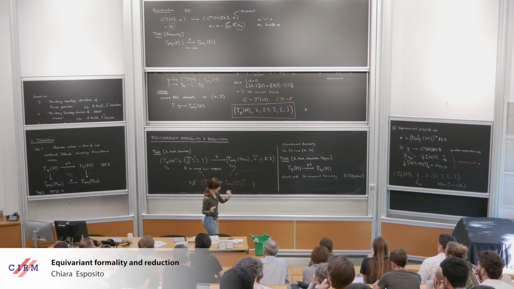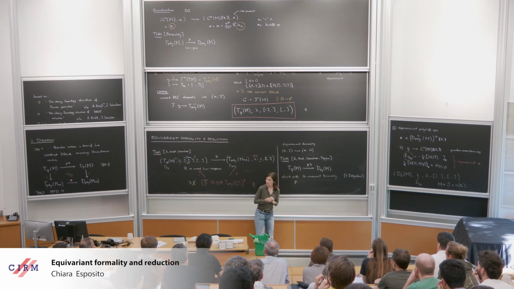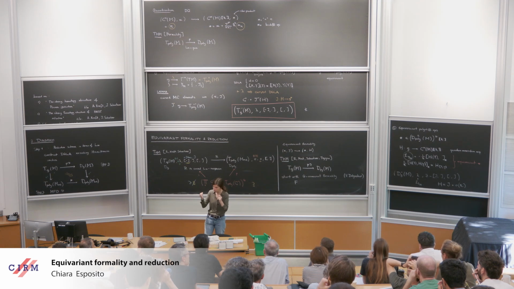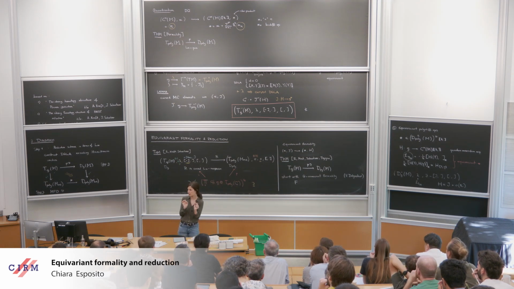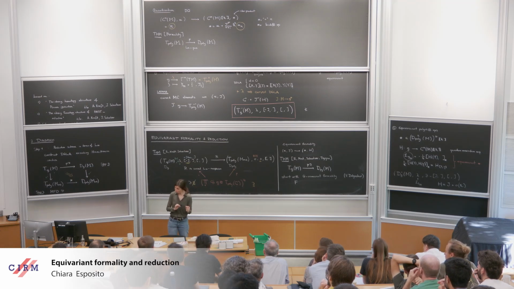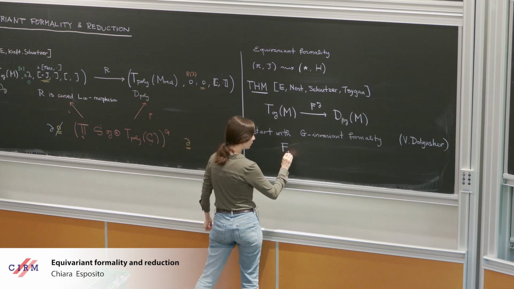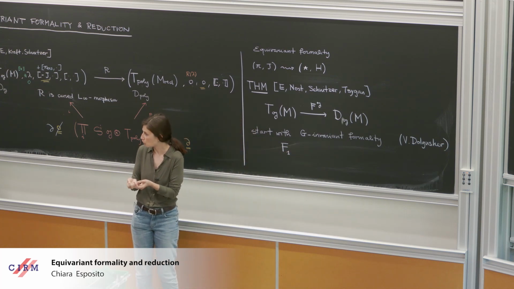Because the idea is really taking the usual formality and extending it. Okay? But I have to choose wisely the formality I start with. So I start, as I said, with a G-invariant one, and I start with a formality having the first Taylor component preserving the curvature.